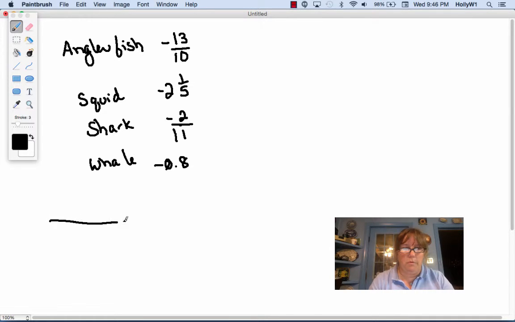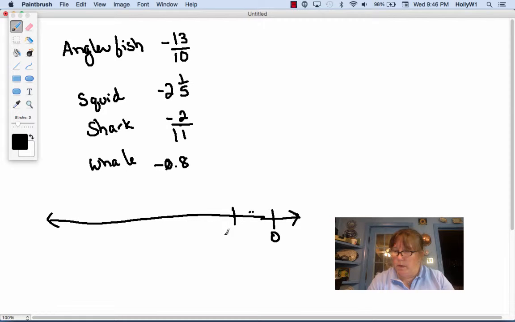So what we're going to do is we're going to take a number line. And remember, I said that number lines don't have to have 0 in the middle. In fact, all of these numbers are negative, so we're going to put 0 way out here. And then we're going to label them by negative 0.4. So this will be negative 0.8.